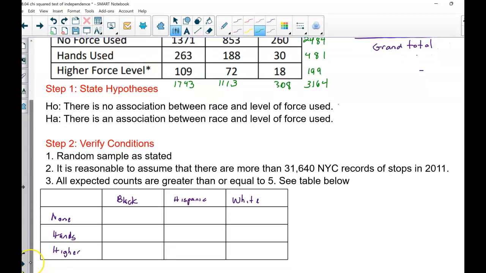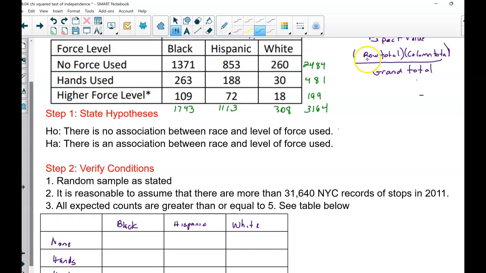And now let's go ahead and get the expected count for black with no force. Again, the formula that we're going to be using is row total times column total divided by grand total.